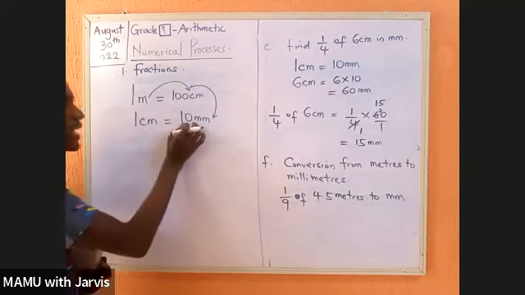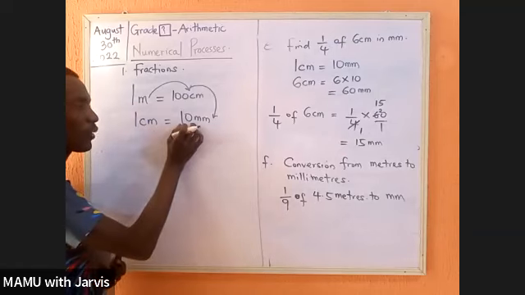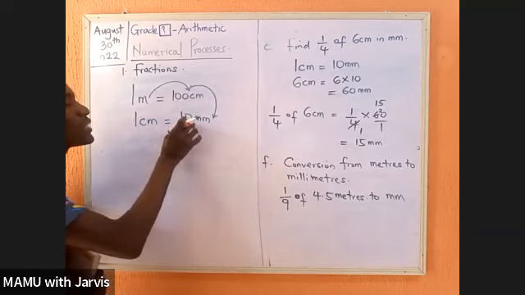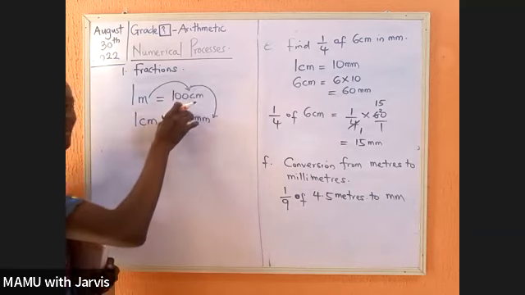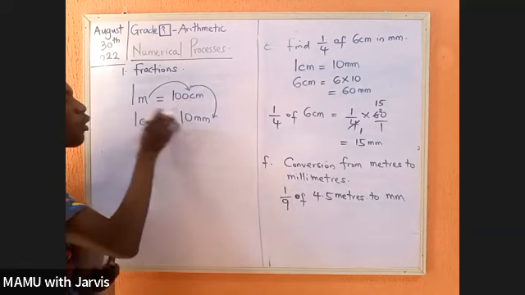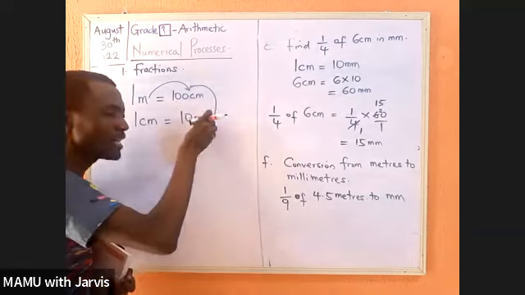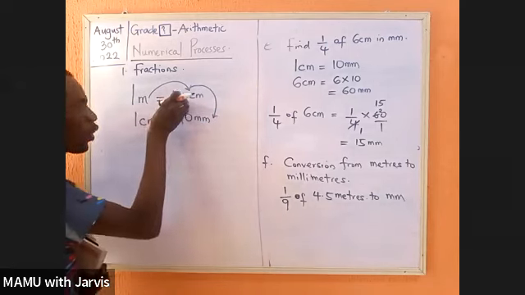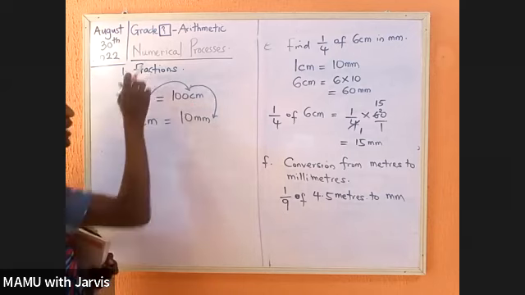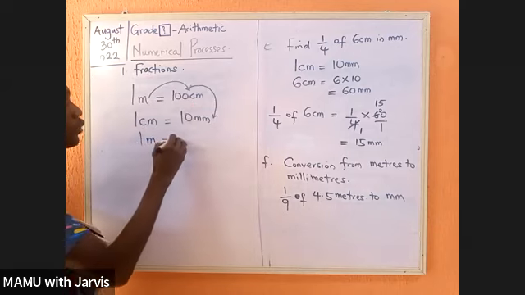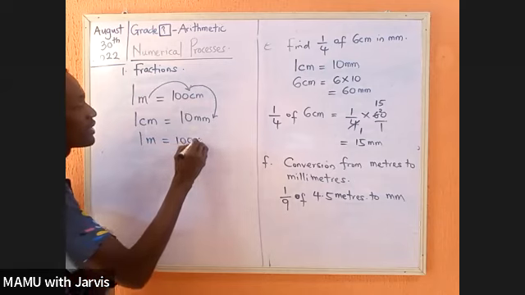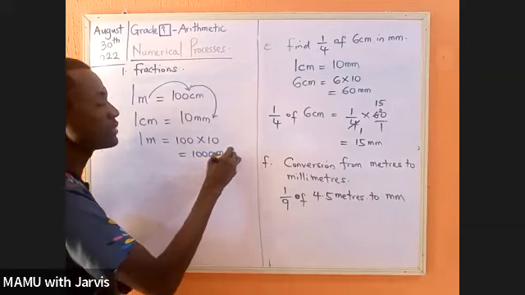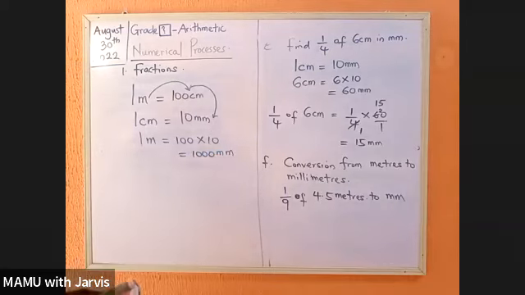It only means that I have 100 of 10 millimeters in 1 meter. So 1 meter will simply be 100 times 10, and that will be 1,000 millimeters.